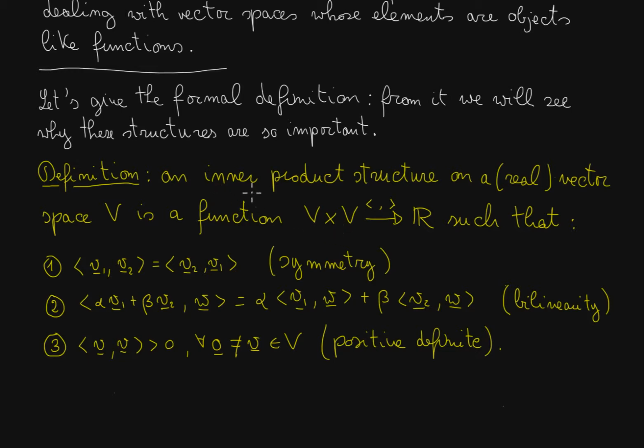It's called inner, but still is not an inner structure of V. Notice that we get just a number back, not a vector. So it commutes in a sense if we see this as a product, but this property is called symmetry.